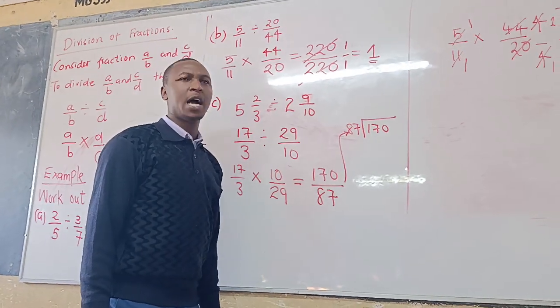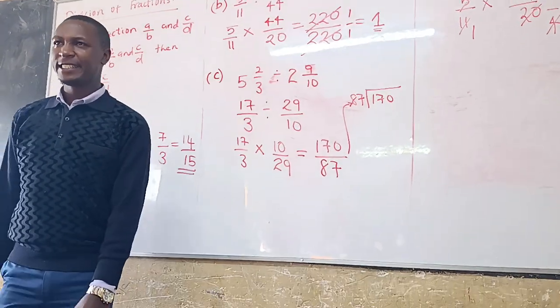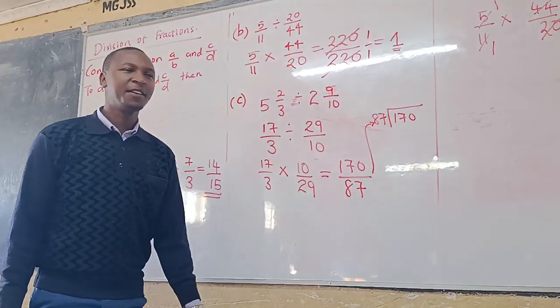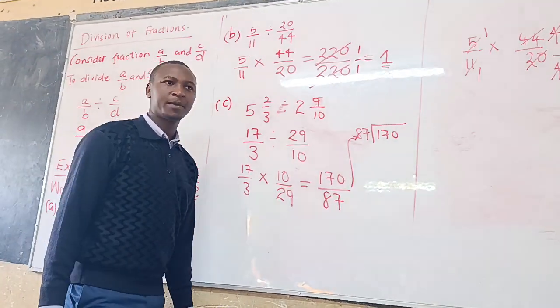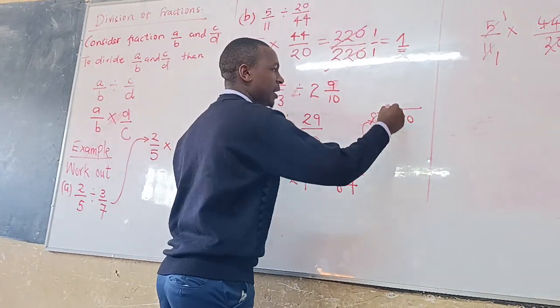87 inaingia mara ngapi kwa 170? Inafika mara mbili? I think it's stable. So ni mara moja.